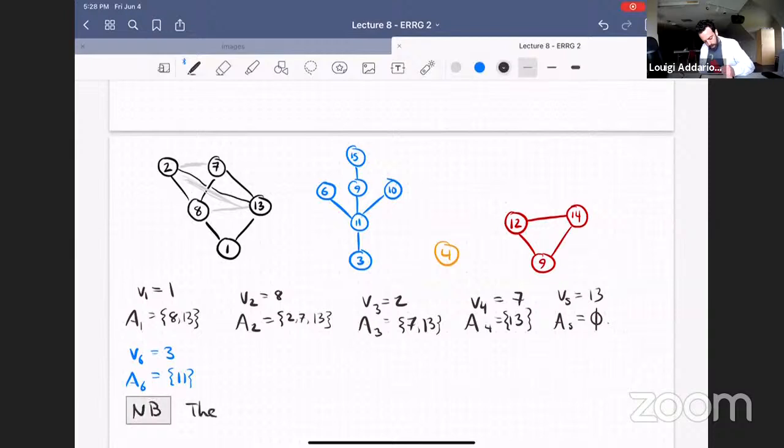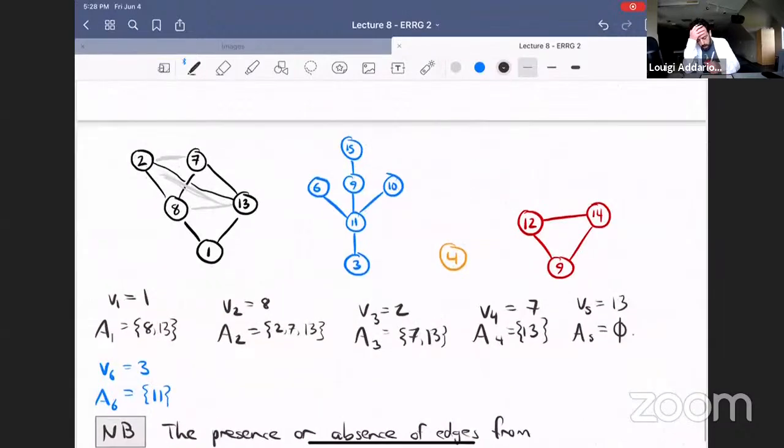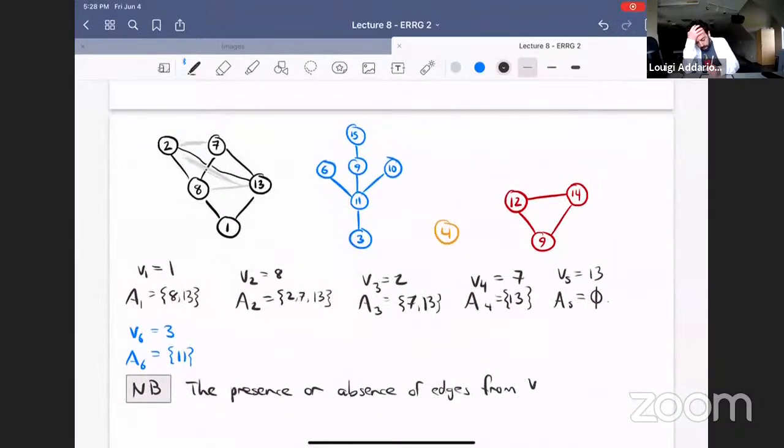The presence or absence of edges from VI to vertices in AI minus 1 does not change the process.